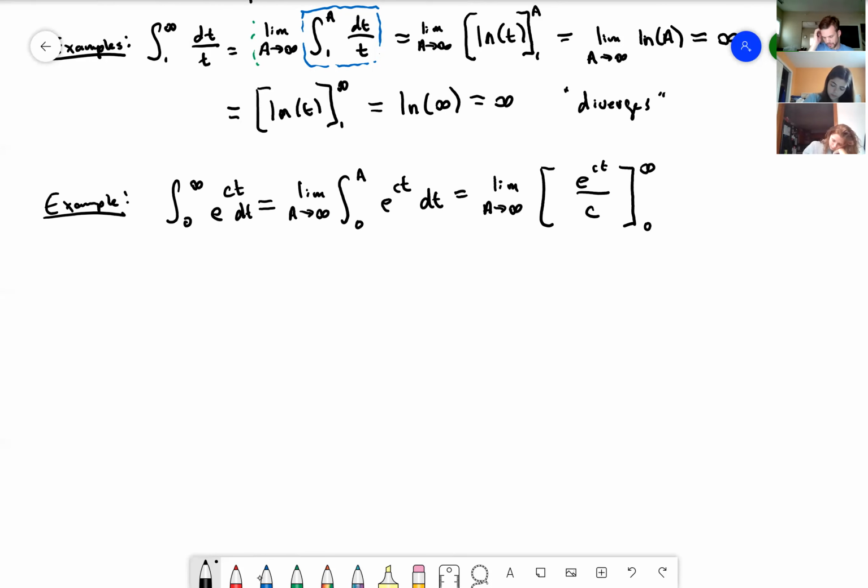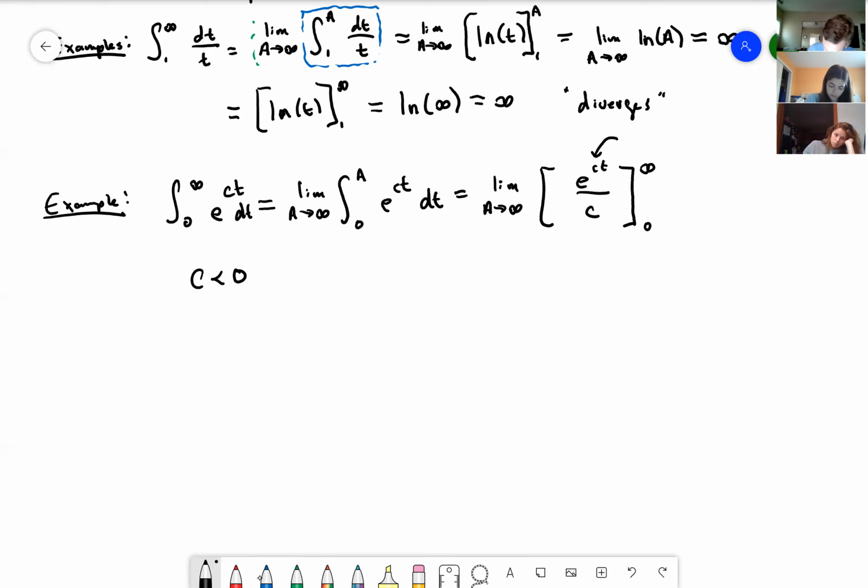And now we have a variety of cases. If c is less than 0, then as t gets larger and larger, e to that value gets smaller and smaller. It goes towards 0, right?